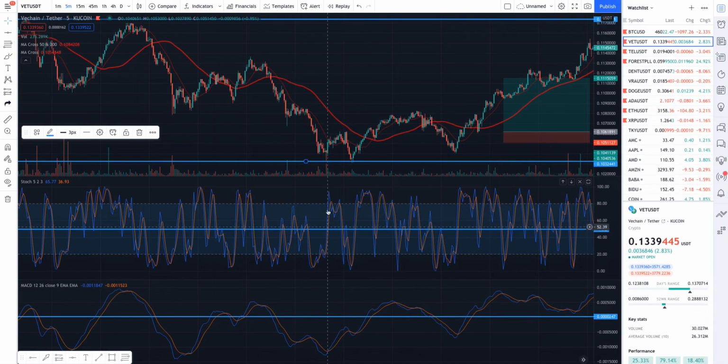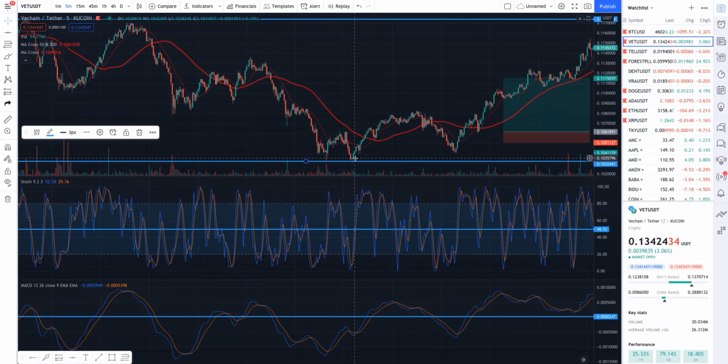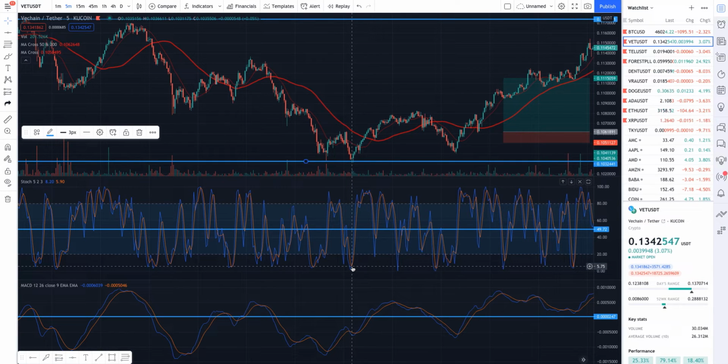As long as it goes above the 50-yard line and then comes back down, it doesn't always have to come down, that's your cycle. So I'm looking for 1, to be as close to the demand zone as possible. 2, to be below the 50-yard line, and ideally as close to 0, but it doesn't always work like that.